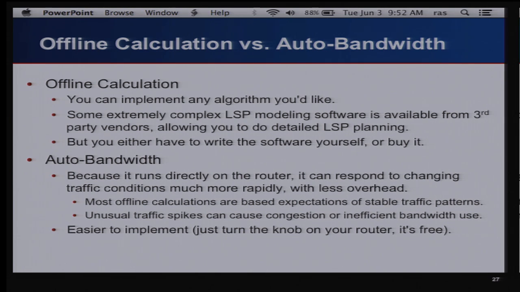The nice thing about offline calculation is you can implement any algorithm you want. You can get as complex as you want to get, and I've seen very fancy mathematical models by PhDs who write very complex software. There are a lot of third-party vendors out there who will sell you a lot of stuff, and it lets you do very detailed planning.